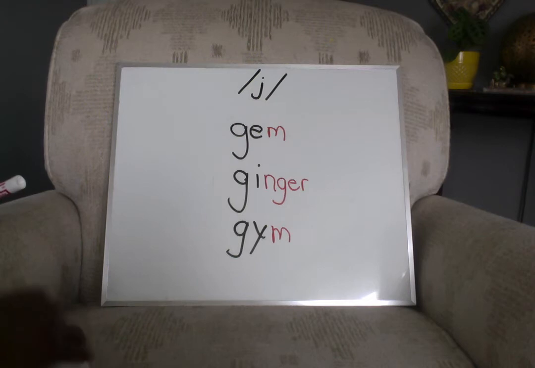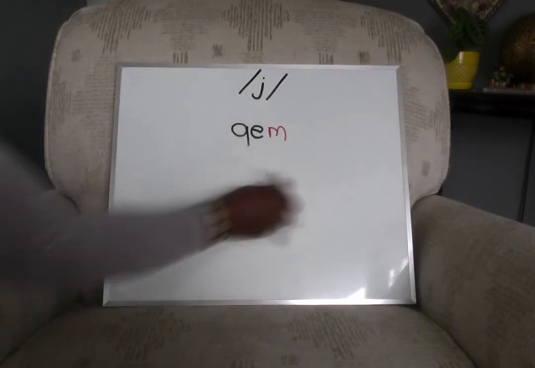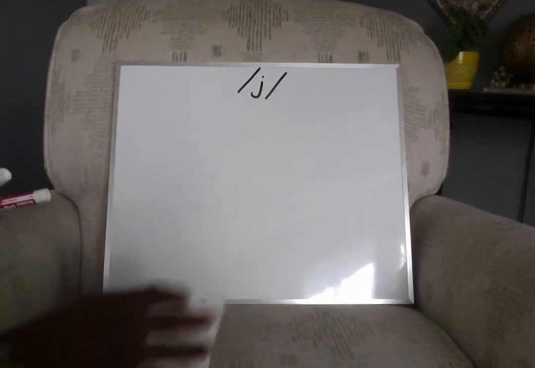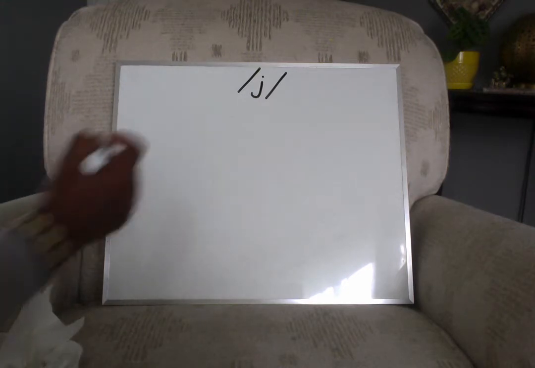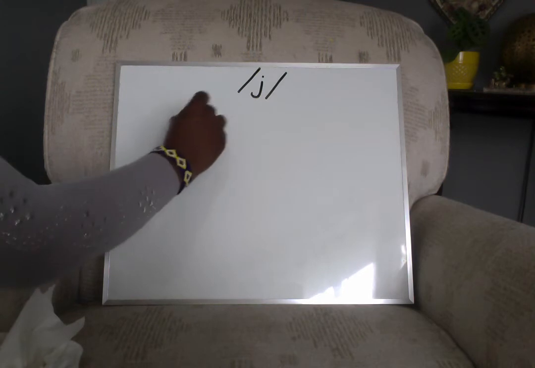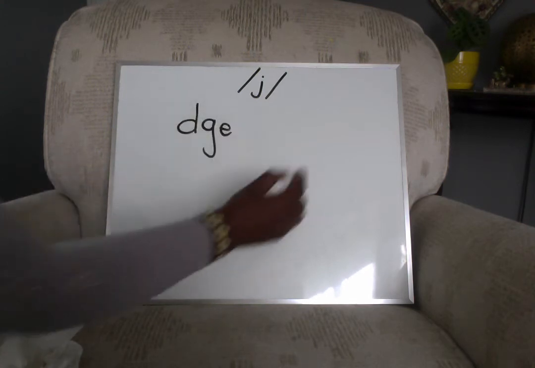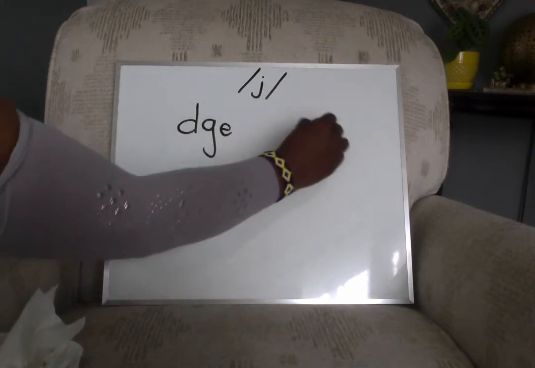Alright? So let's go back to, when do I use J? Which spelling do I use for J at the end of a word? So you have two options. You have DGE, or you have GE.